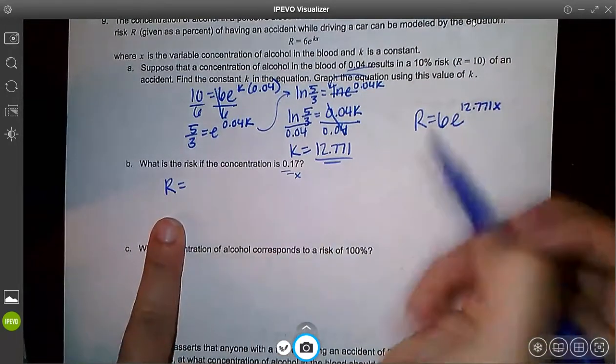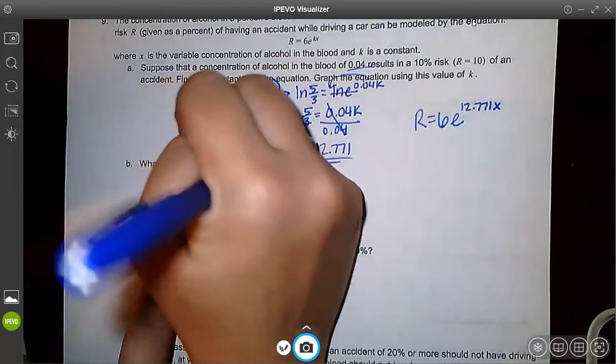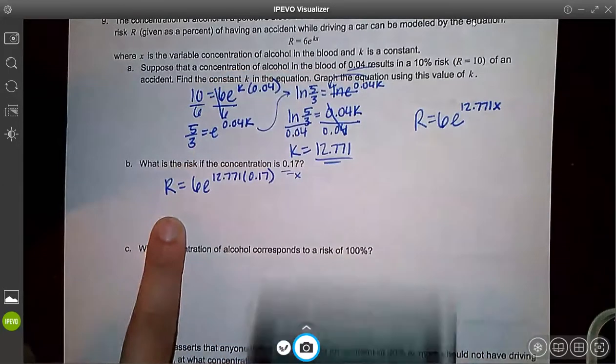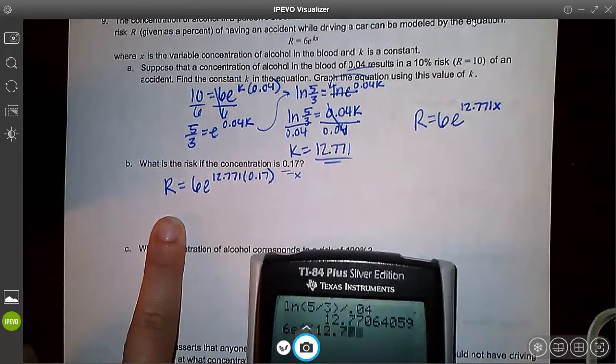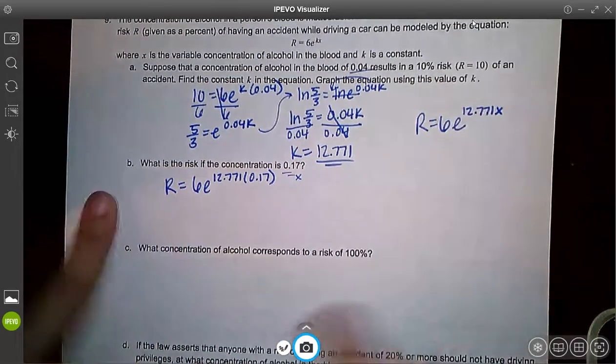So now my x value is the 0.17. So 6e to the 12.771 times 0.17. And you can just plug that in your calculator, exactly like this. 6 times e to the 12.771 times 0.17. And you get 52.6%.